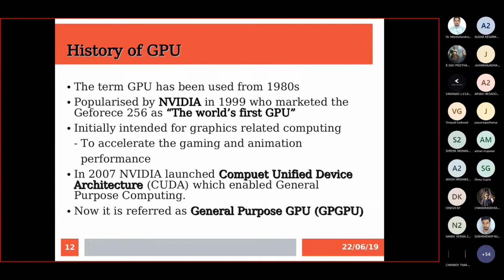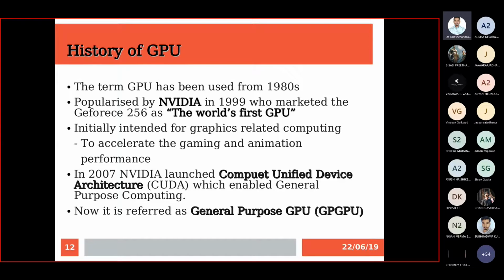So to cater to this computing pattern, they proposed this GPU, and that's why it is named graphics processing unit. It used to perform graphics related computations.